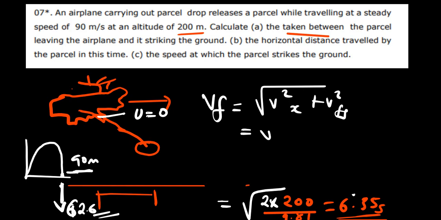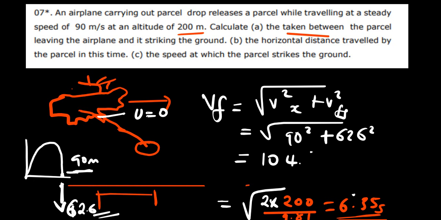The square root of 90 squared plus 62.6 squared. Then you solve. On my end, I'm getting 104.6 meters per second. So that will be the final velocity.